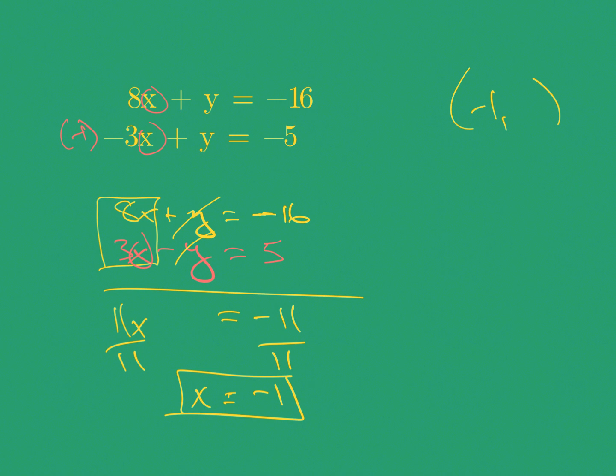Do you want to take it back to option 1, 2, or 3? Option 1. So let's take this negative 1 and put it right there next to the 8. So we're going to go 8 times negative 1 plus y equals negative 16.